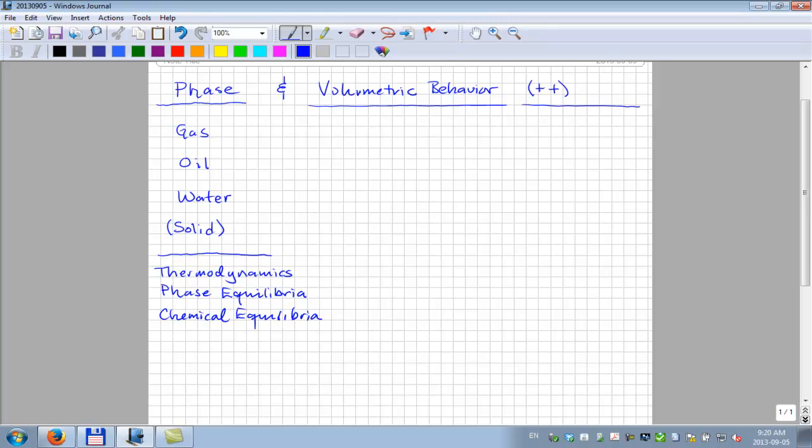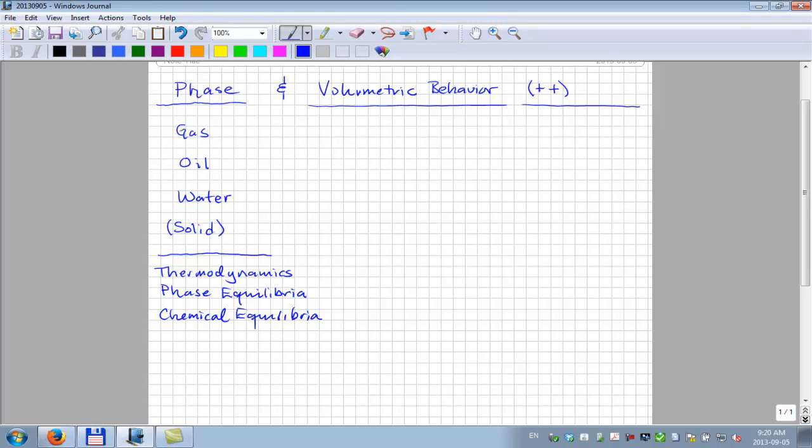But when you get this mixture of these different species together, which phases actually form, and how much of those phases and how much of those individual components partition into the phases that do form, that's really what's calculated or in a sense dictated by thermodynamics.